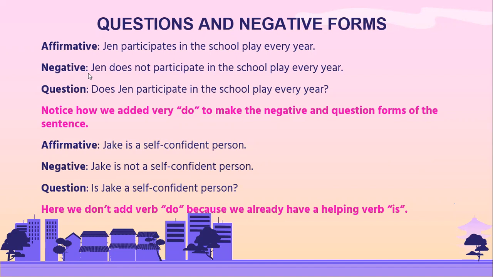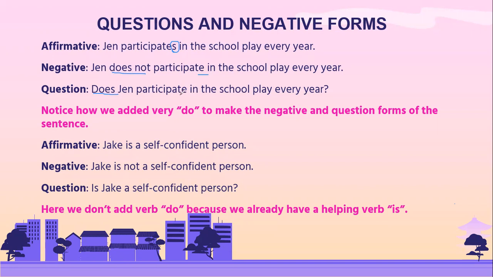If you want to make it negative, we say Jen does not participate in the school play every year. Jen does not participate. So we remove the S. You can see here, we remove the S because here we have does not. So Jen does not participate in the school play every year. If we want to ask it as a question, we say, does Jen participate in the school play every year?